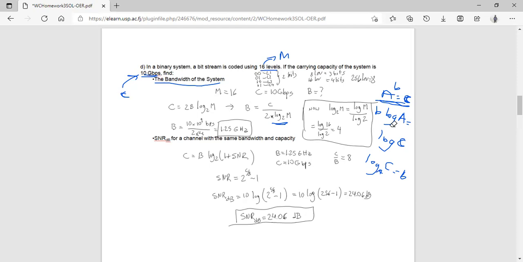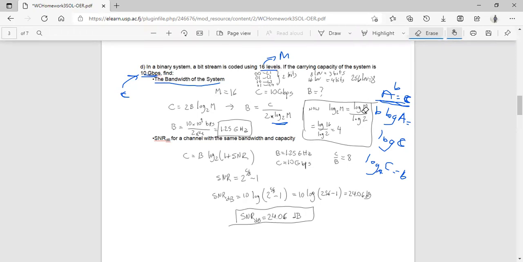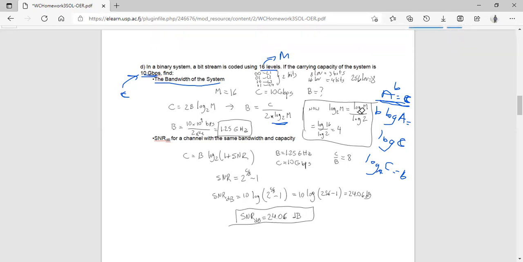It is going to give you the same value. Since this is a ratio, even if you use the ln function, it is going to give you the same result. You can recheck.